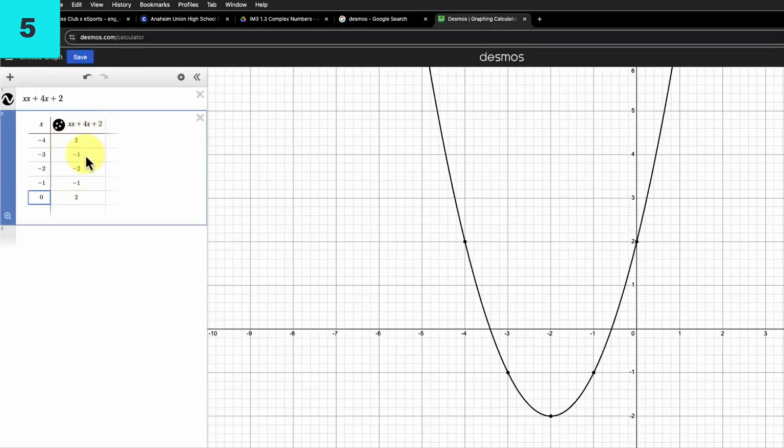I notice there's no 0 on my list, but I notice there's a sign change. I'll write those down and also see that my axis of symmetry is negative 2, and my numbers are going to be between negative 3 and 4 and negative 1 and 0.